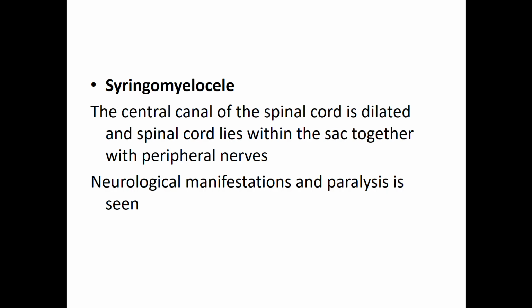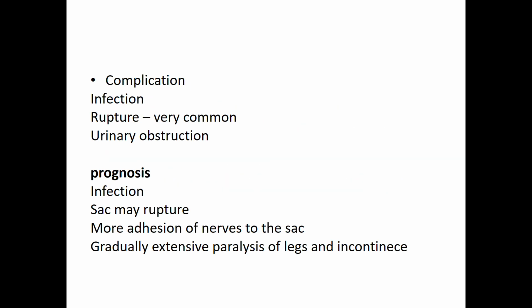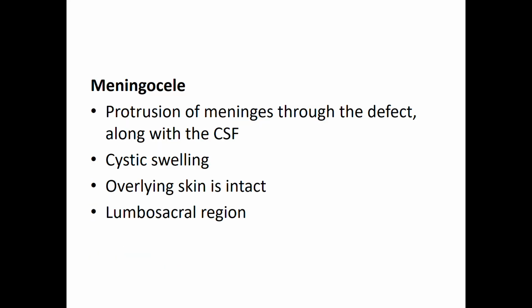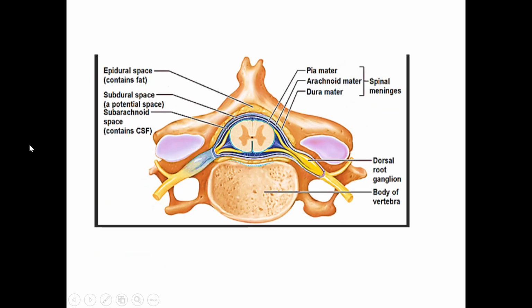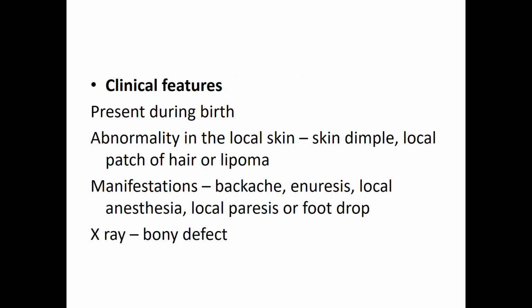Now, syringomyelocele here, the problem is in the spinal central canal of the spinal cord. Let's go back to this particular picture. If you can see this particular point, this is the central canal. This central canal is nothing but the neural tube lumen.